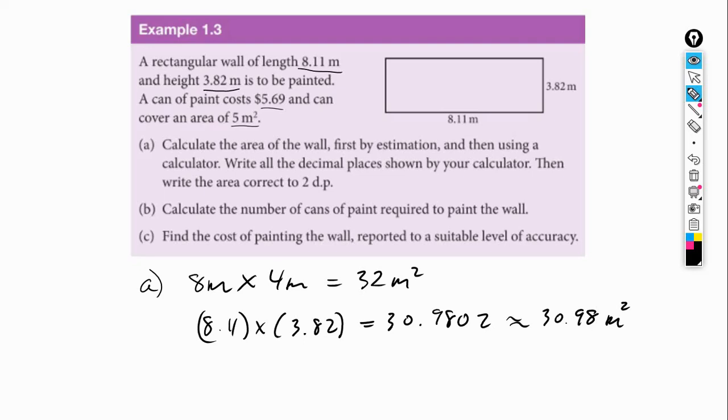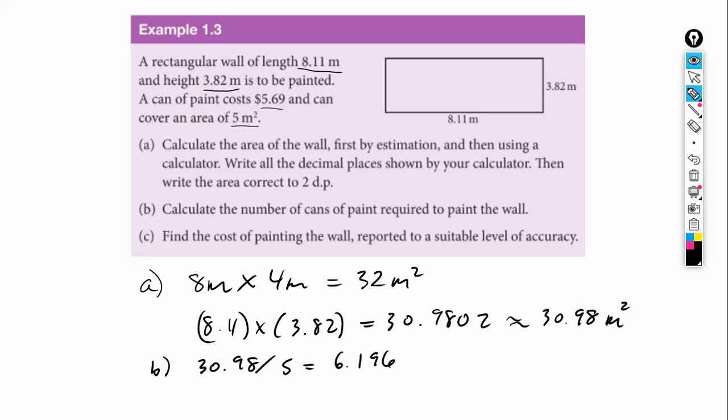Part B, calculate the number of cans that are required to paint the wall. So for part B, what we need to do is divide the total area by the area covered by each can, right? So that would be 30.98 divided by 5, and that's going to give us 6.196, right?